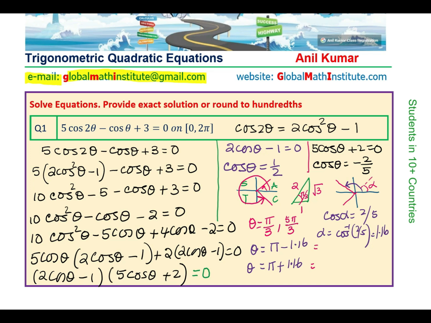So when I add pi to it, I get 4.30. And when I do pi minus 1.16, I get 1.98.